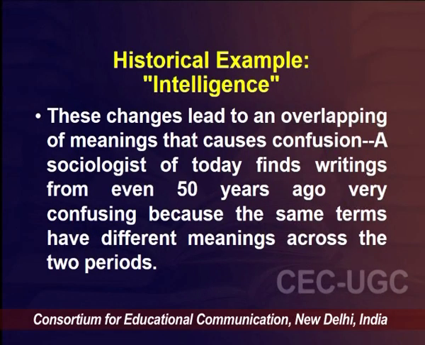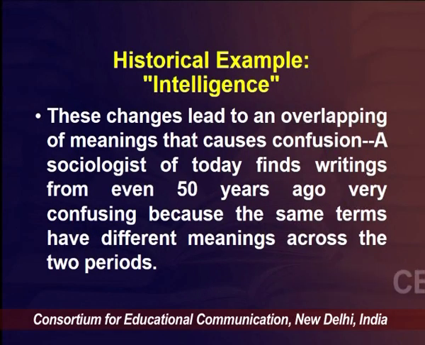Now, this intelligence, so meaning is very specific to the score in the test. So, there is an operational definition of what intelligence means: on a scale of 10 you get 9, so it is a very limited reference to the term. These changes lead to an overlapping meaning that causes confusion.